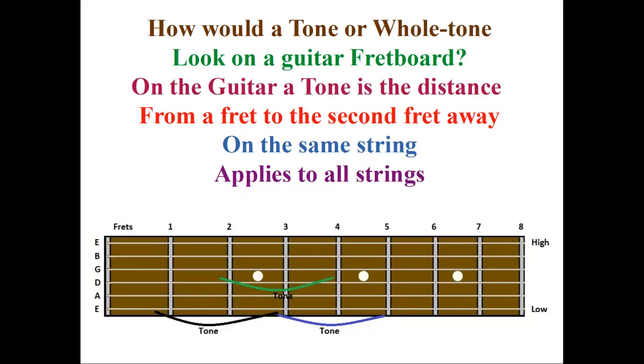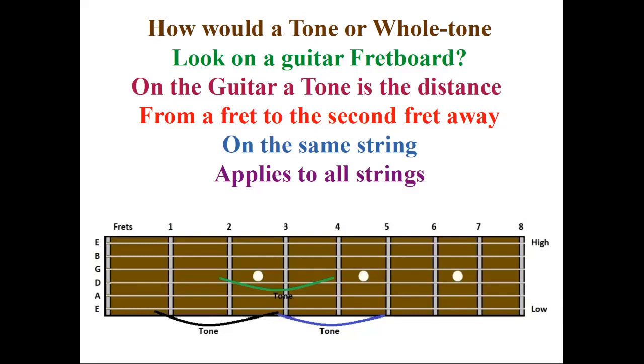And if you look at that, if we went from the first fret to the second fret, we would have a half tone or a semitone. And then if we went from the second fret to behind the third fret, we'd have another semitone. A semitone and a semitone makes a whole tone or a tone.